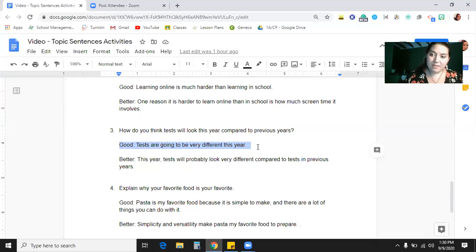What this one is missing, although your English teachers could probably figure out what you're talking about if we have the question, but pretend the question isn't there, is what they are different from. So this year, tests will probably look very different compared to tests in previous years. And then the rest of your paragraph would talk about how they might look different. But you want to have that comparison right in there.